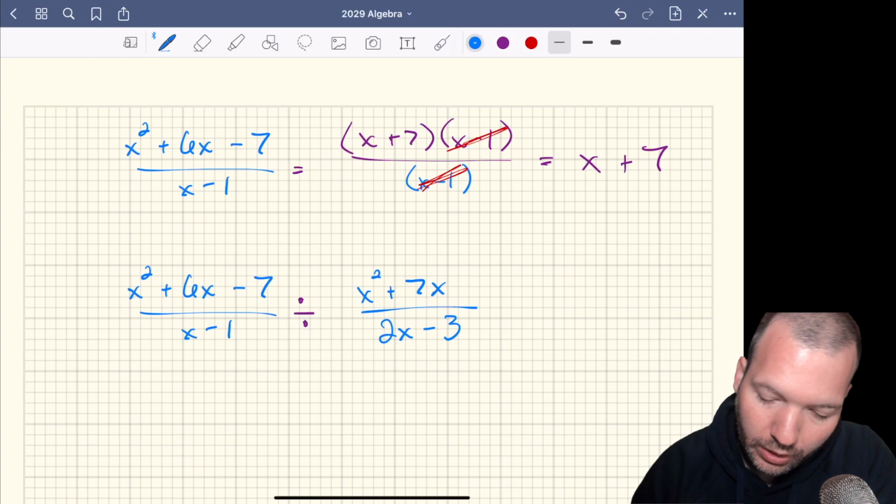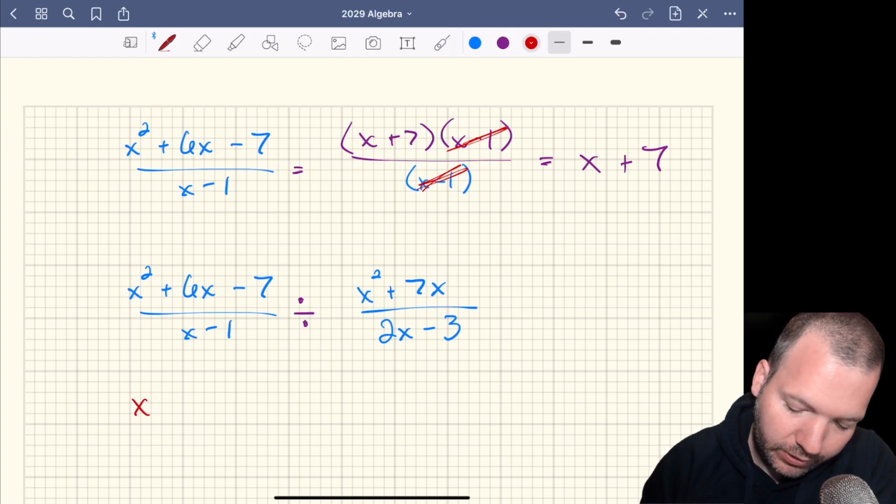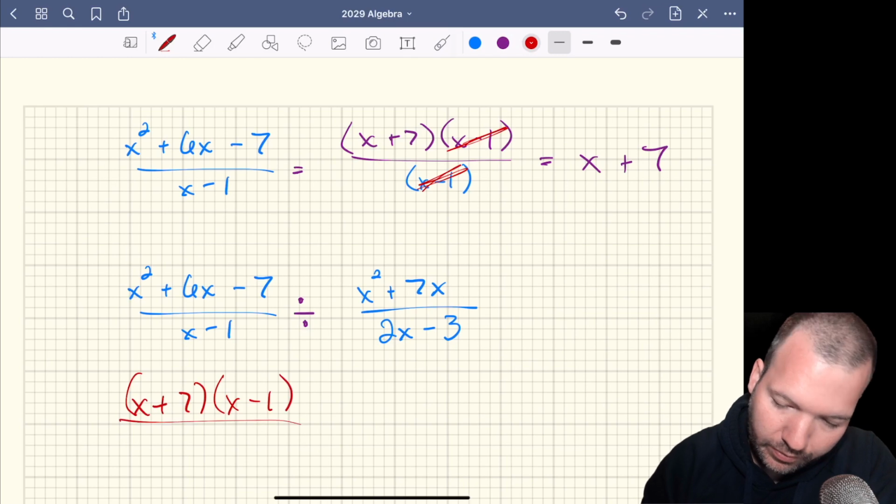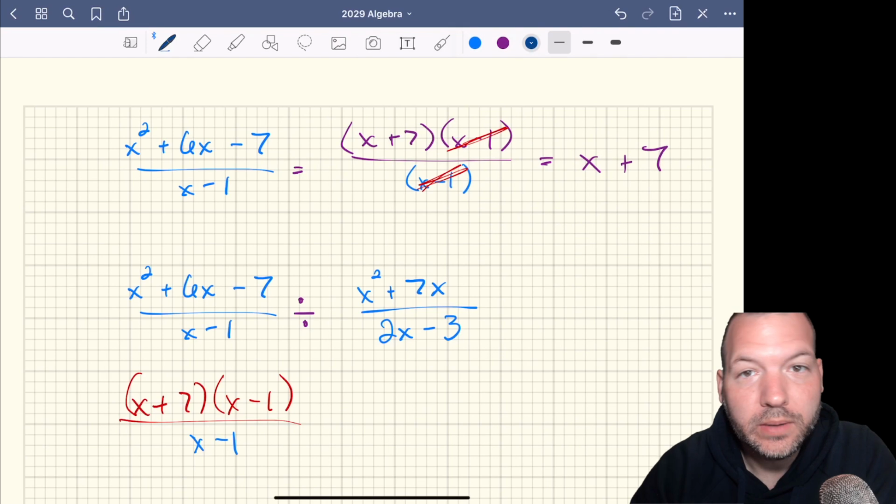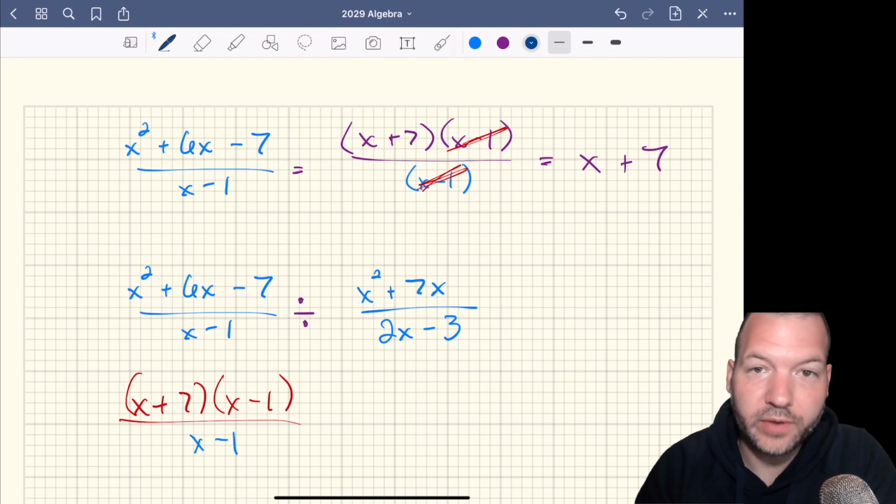Whatever. And so we would factor again, so that's still x plus 7 times x minus 1, still divided by x minus 1. But of course, the main thing we did yesterday is keep, switch, flip, right? So we took division by rational expressions and turned it into multiplication by reciprocals.